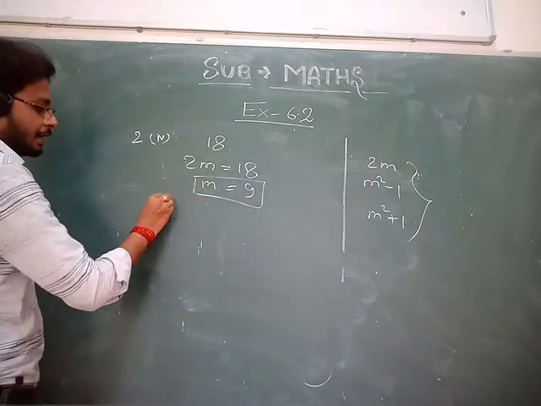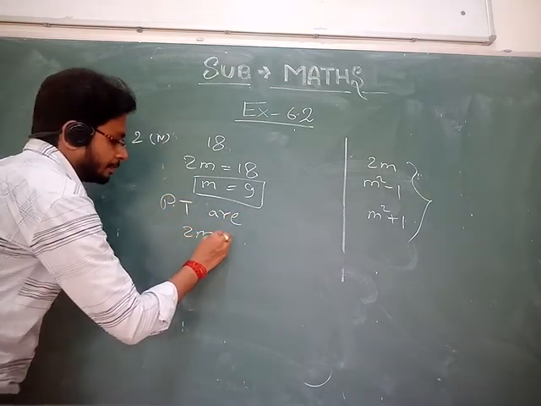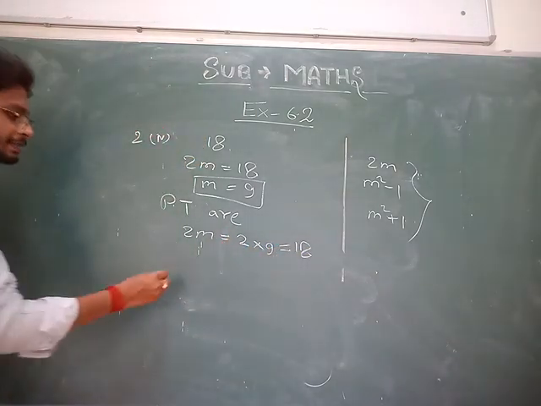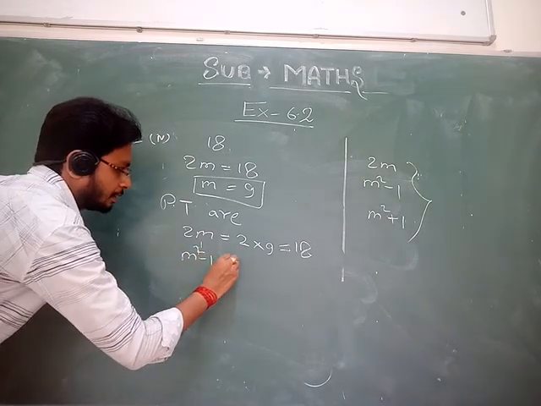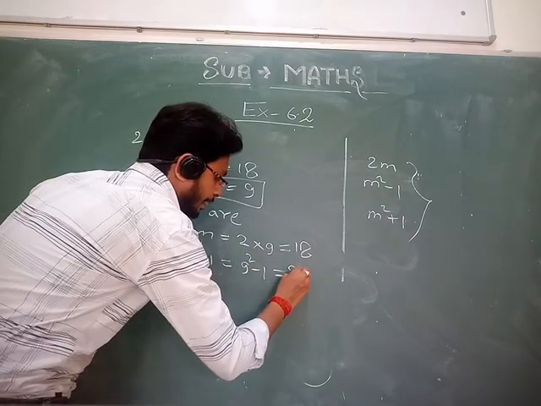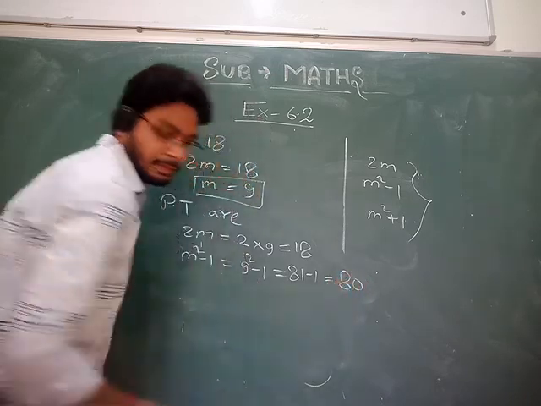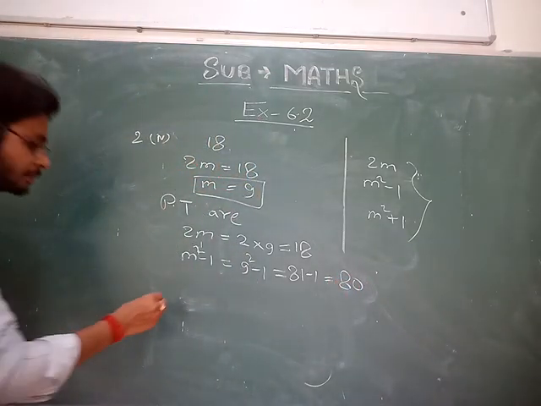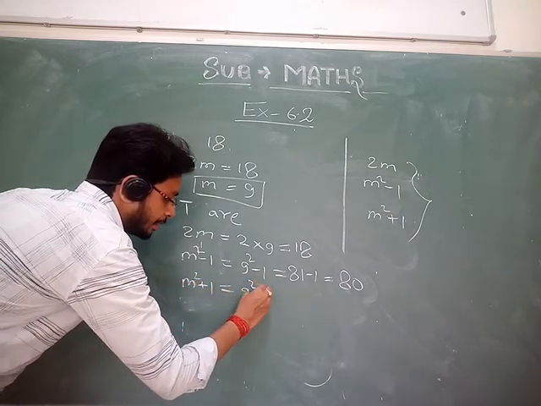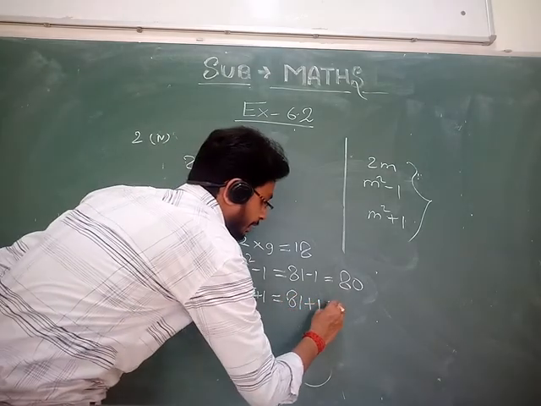Okay? So the Pythagorean triplet is first 2m, that you will get 2 into 9, means 18, and second m square minus 1, that is 9 square minus 1, that you will get 81 minus 1, means 80, and then m square plus 1, and the value of m is 9. 9 square plus 1, you will get 81 plus 1, that is 82.